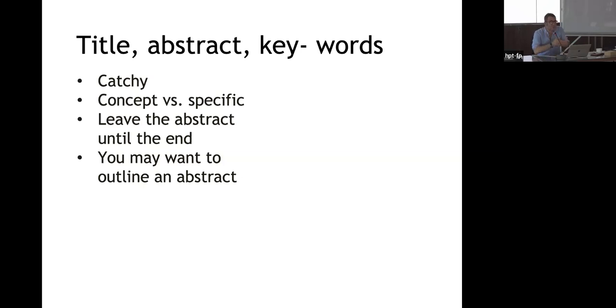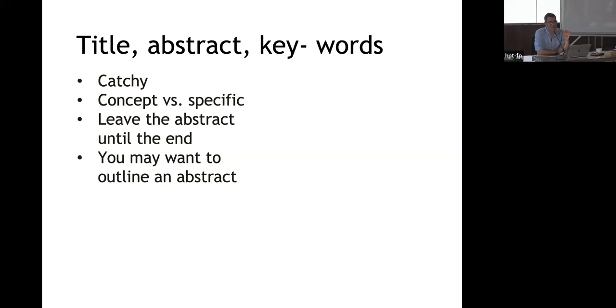You want people to read your paper. You want the editor who gets your paper to think it's interesting. So what can you do? Usually it's more attractive to have a conceptual title, something that conveys an idea.